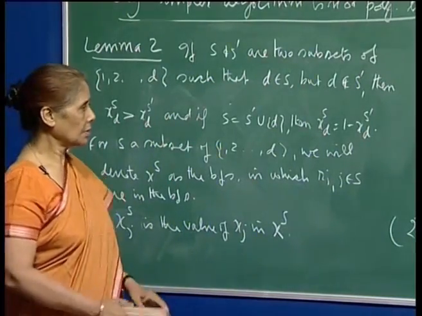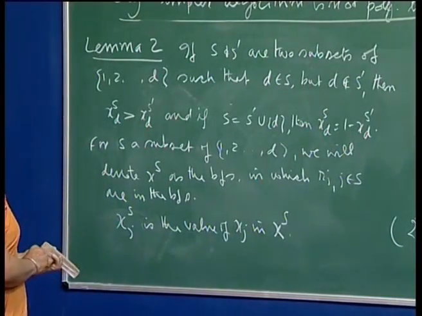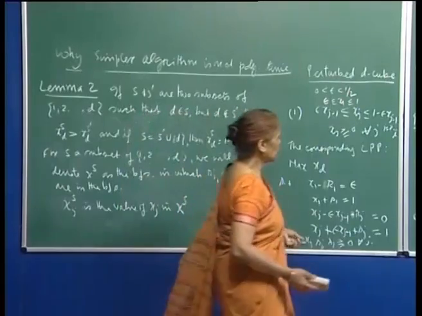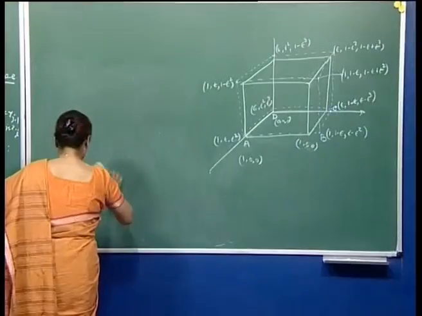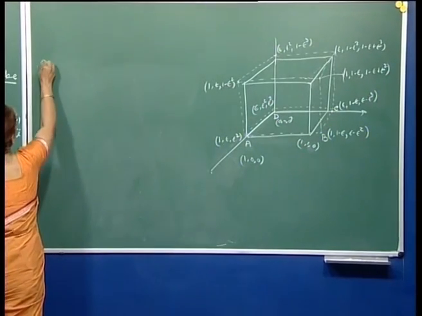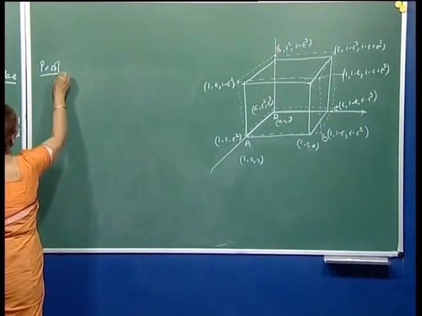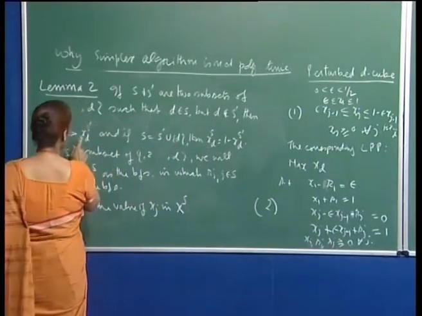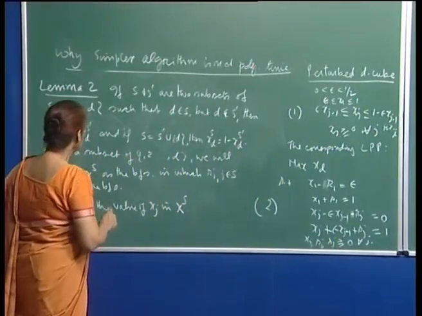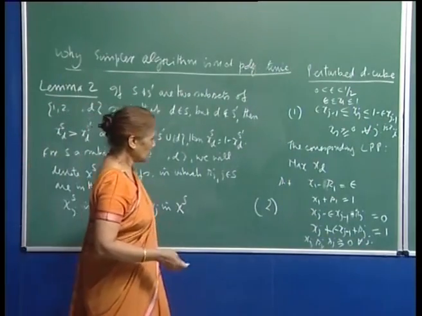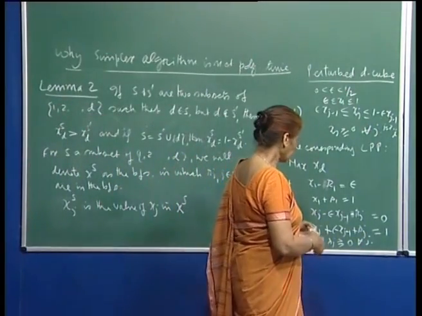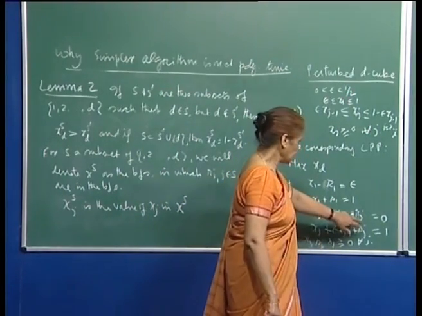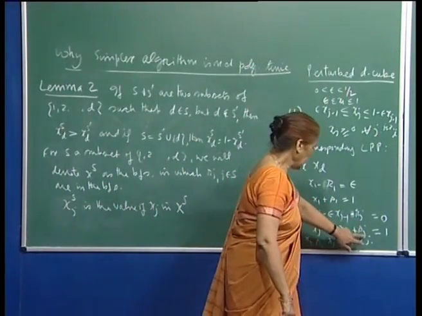This proof is not difficult. Let me just quickly show you. Proof: we are saying that d is in S, but d is not in S prime. So what do we have from here? For j equal to d, S_d is 0.